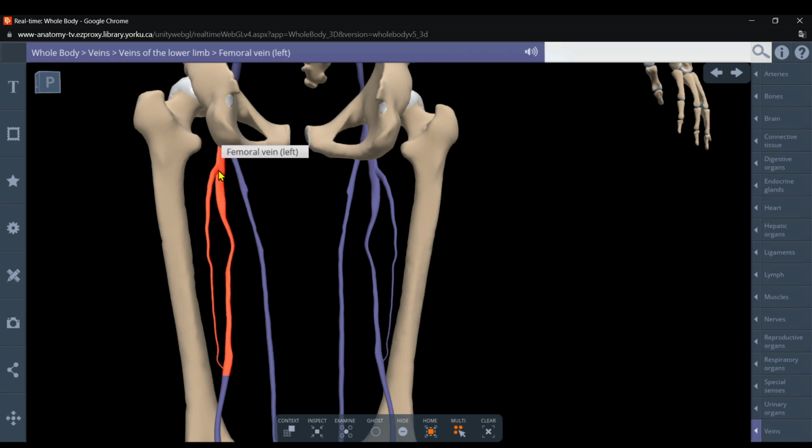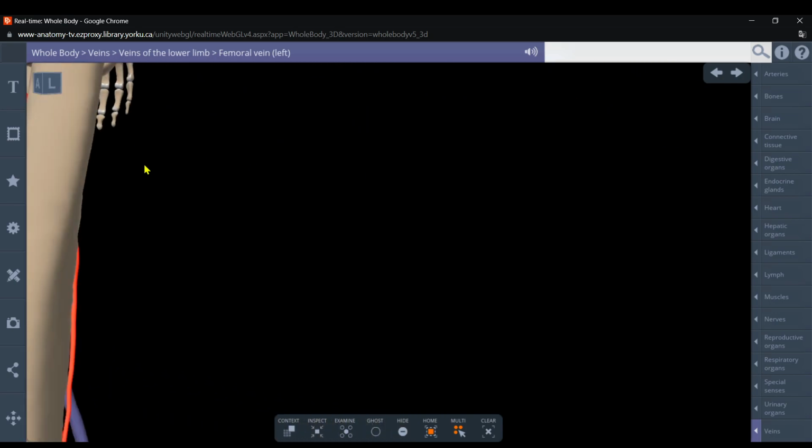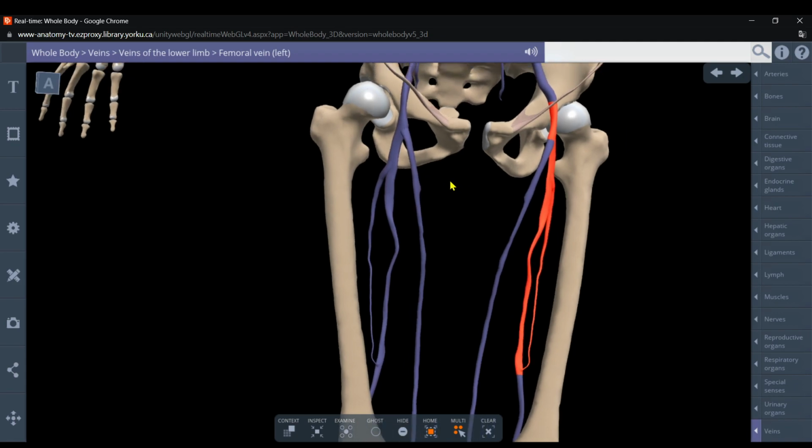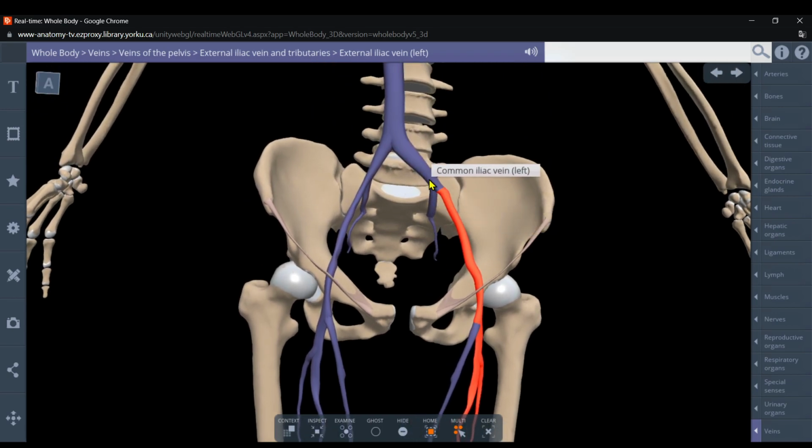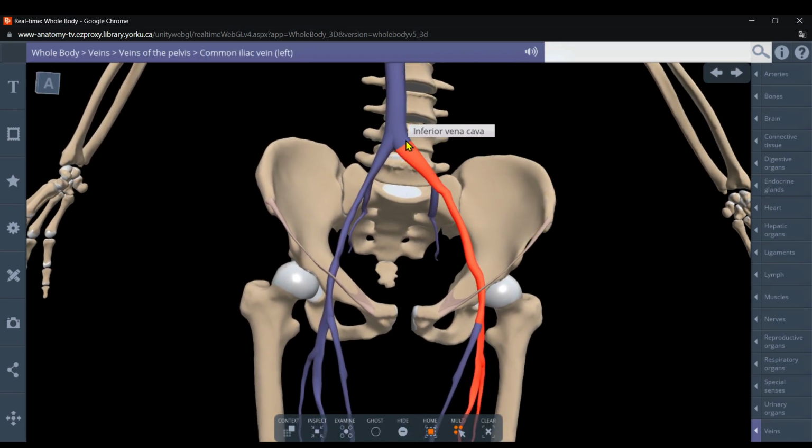So right here, it's going to drain into the femoral vein at this area where my cursor is. And then it's going to go into the external iliac vein, all right? So after the deep femoral drains to the femoral, femoral goes anteriorly, crosses underneath the inguinal, turns into the external iliac, drains into the common iliac, and then drains into the IVC back to the heart.